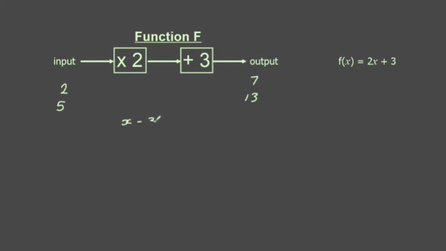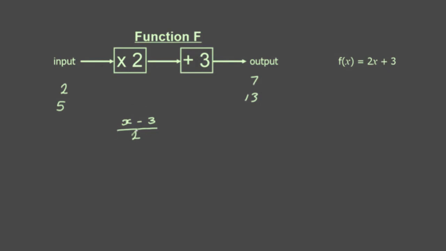And then the opposite of multiplying by 2 is dividing by 2. So if we take away 3 and then divide by 2, we would go back from the output to the input. 7 minus 3 is 4, divided by 2 is 2. 13 minus 3 is 10, divided by 2 is 5.